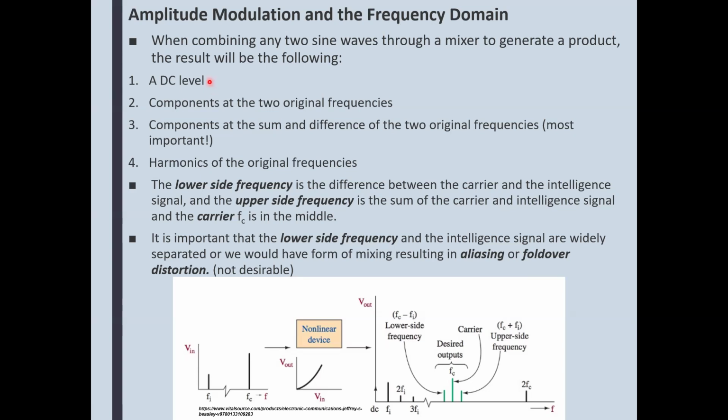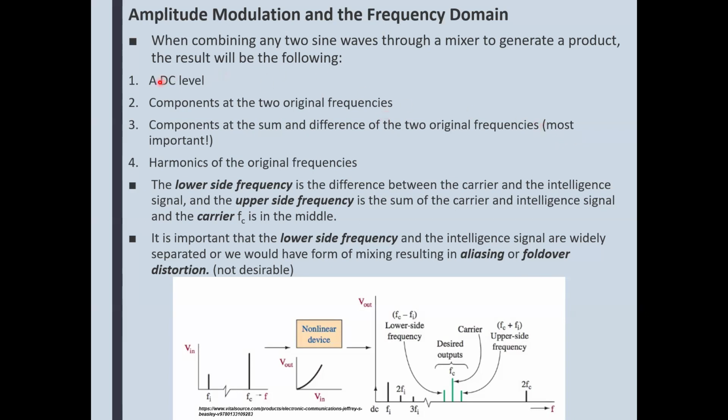So the DC level is going to be affected on the output stage of the amplifier or the mixer. We're going to have components, not electronic parts, but components like a waveform or frequencies. That's what I mean by components. Components at the sum and the difference of the two original frequencies, which is most important, which is why I started this lesson that way.